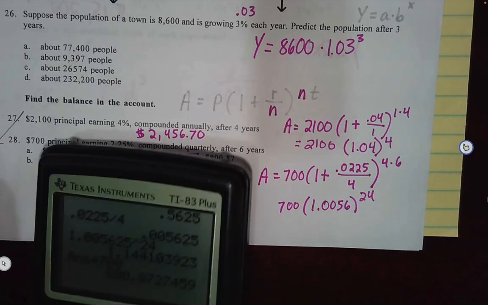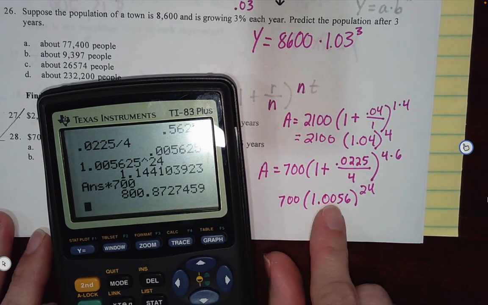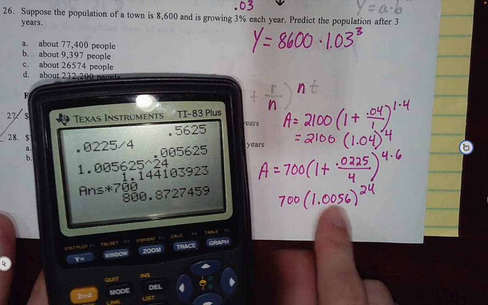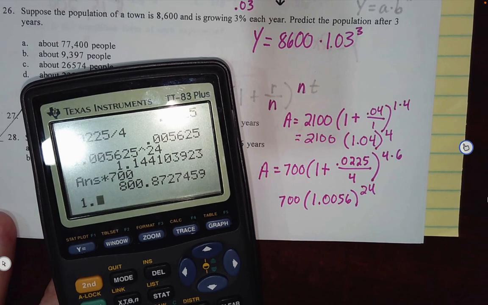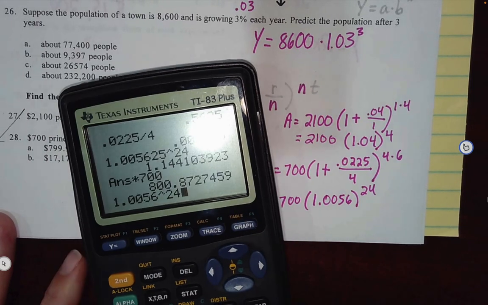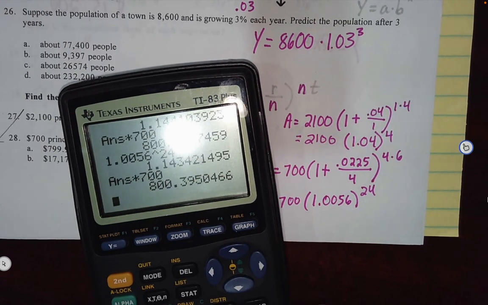Okay, the reason, all right, y'all, is because I told y'all just to go to 4 decimals. When I went to 6 decimals, I get that exact answer. But let me see what I get at just 4 decimals. 0.0056 to the 24th times 700. So I see why.